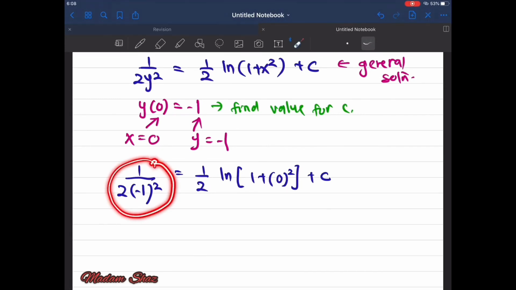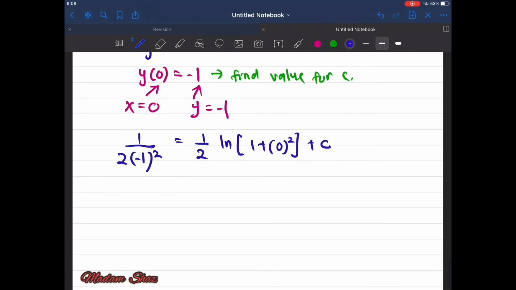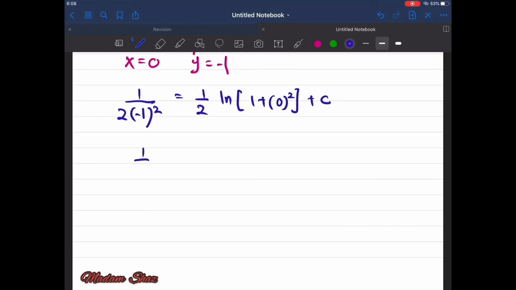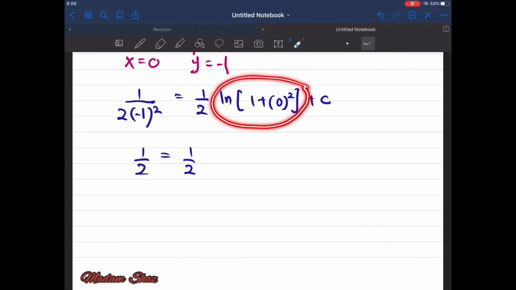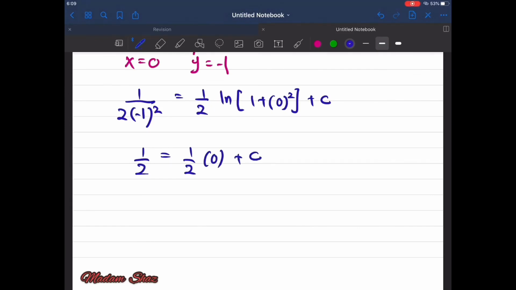1 over 2 multiplied by negative 1 squared will become 1 over 2. So 1 over 2 is equal to 1 over 2 ln(1 plus 0), and ln 1 will become 0. Multiply 0 plus c, so therefore c is equal to 1 over 2.